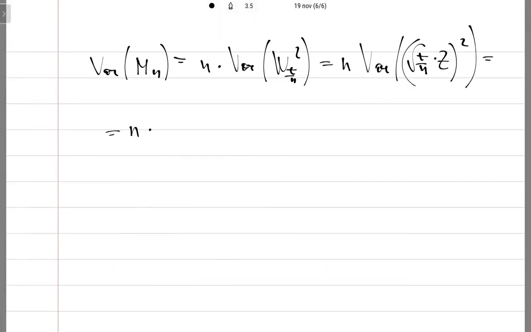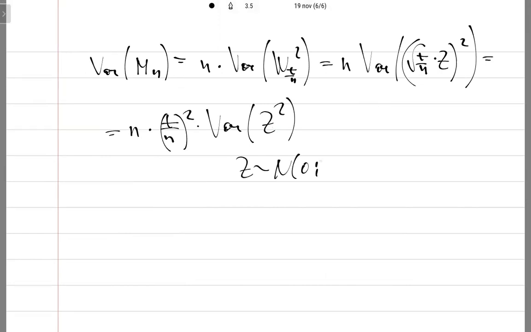It's N times T over N squared times the variance of Z squared, where Z has normal distribution with mean 0 and variance 1. I don't care about this value, because when n tends to infinity, this will be 0. Okay?